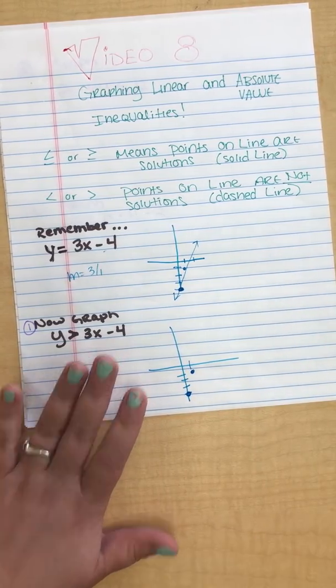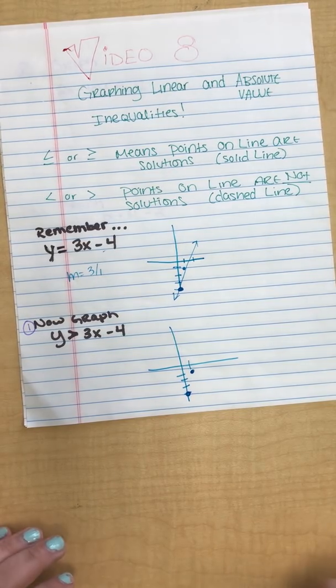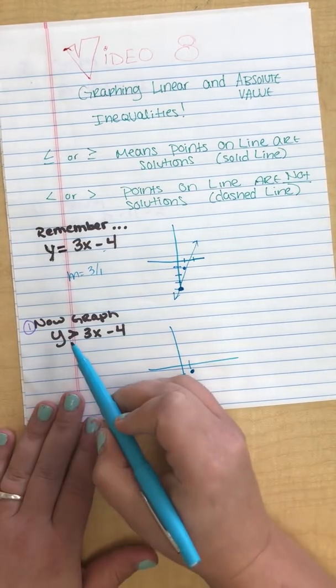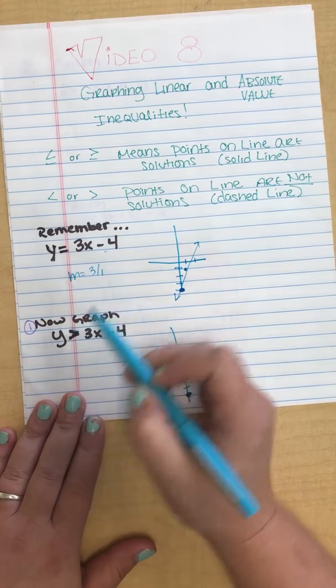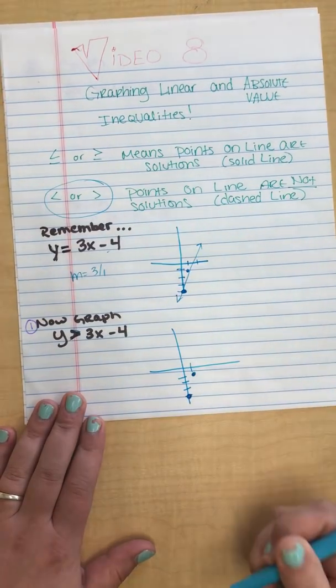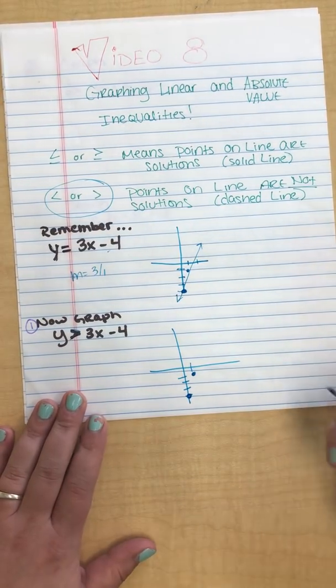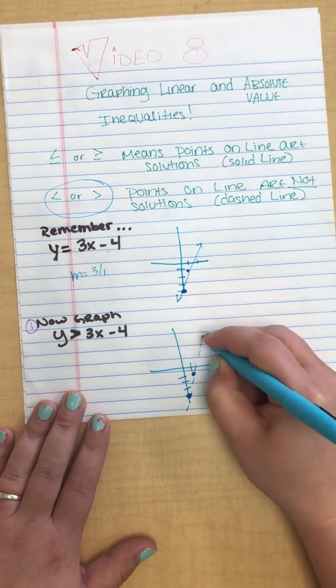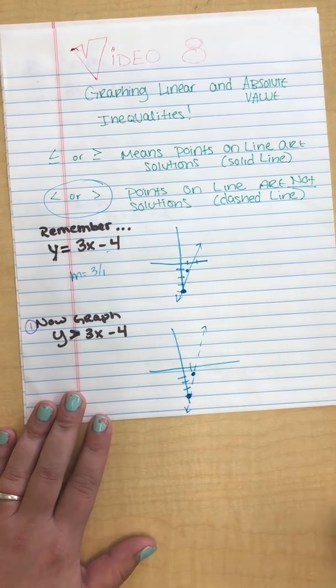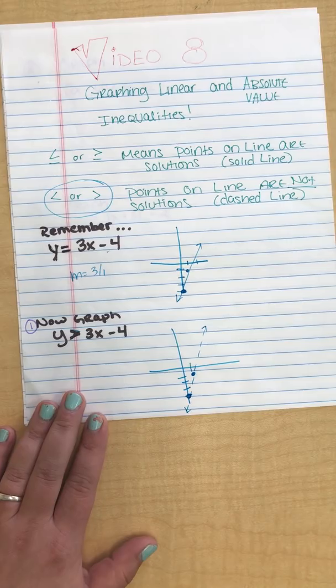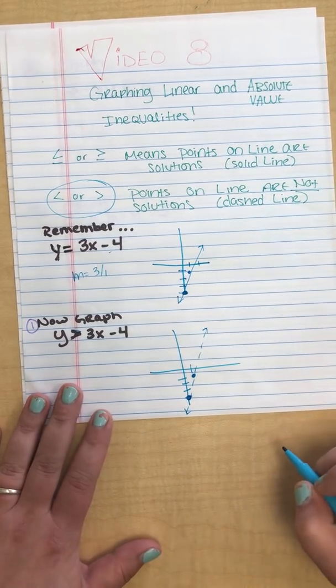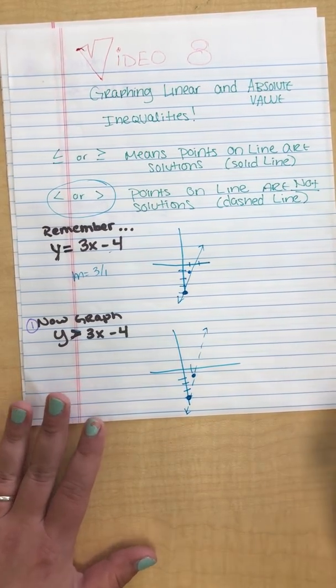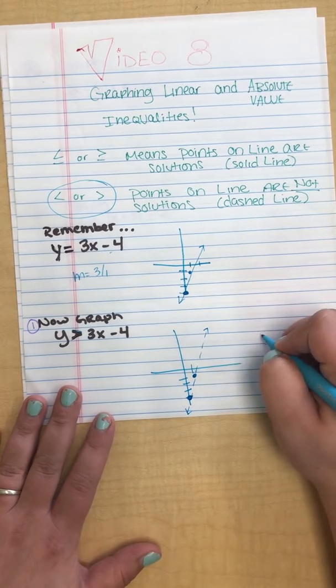So essentially I have not done anything different this time yet. This is a greater than symbol, so it's one of these guys right here. Therefore it's going to be a dashed line, so I'm going to draw on my dashed line. If you forget to make it dashed and you accidentally make it solid, just write the word dash next to it. That's totally fine.